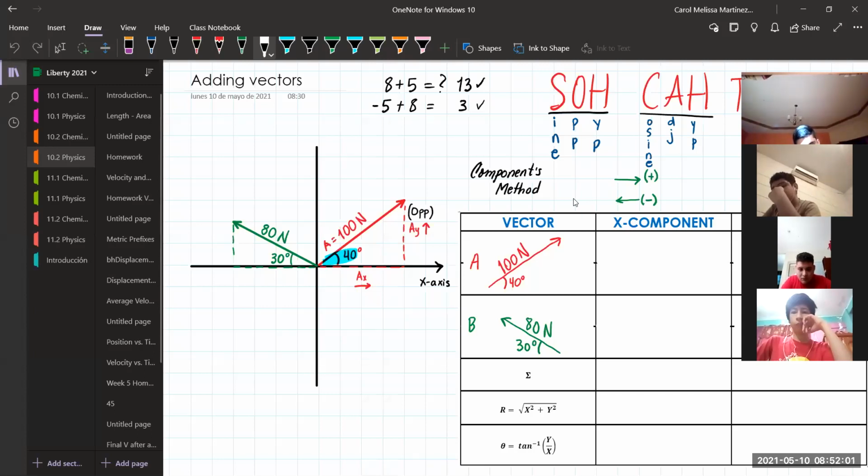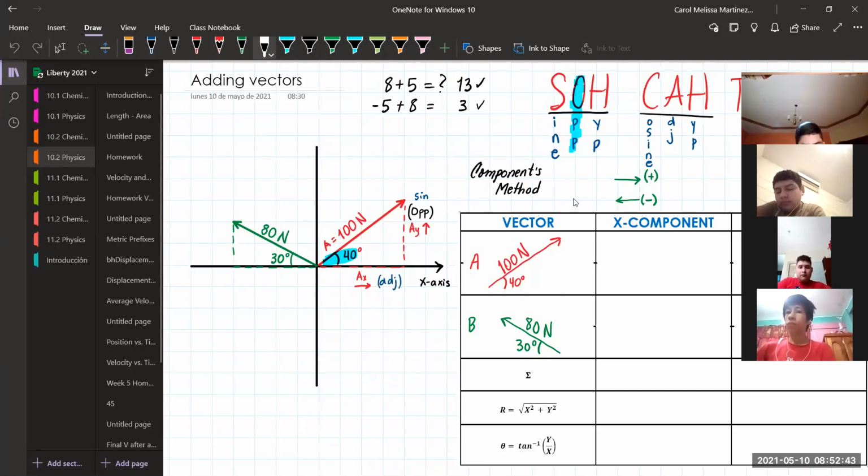SO. So, sine is opposite over hypotenuse. For this side AY that is opposite to the angle, I'm going to use the trigonometric function sine, because my side is in front of the angle. Remember, we care about the position of the angle. Therefore, the remaining side is going to be my adjacent side.